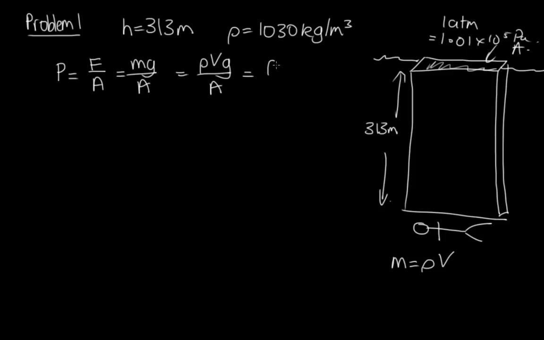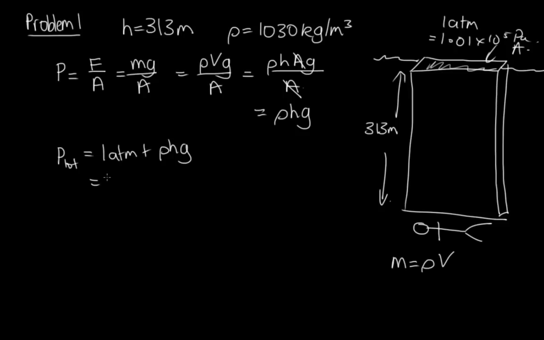So we can put this as density, and then the volume is h times A, over the surface area A. And those surface areas cancel out, so we've got rho h g. So this is the pressure caused by the water. So the total pressure is equal to the 1 atmosphere plus rho h g.